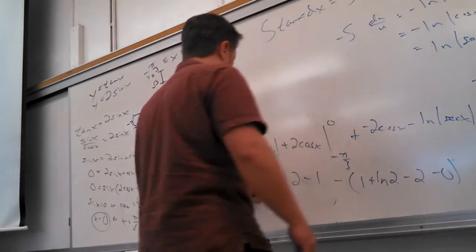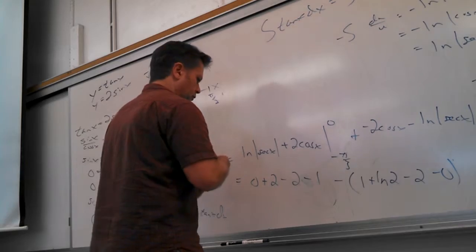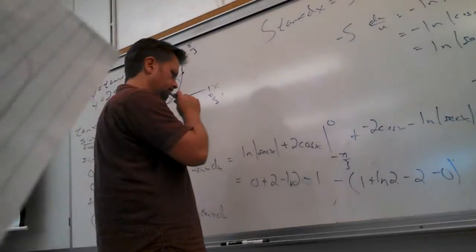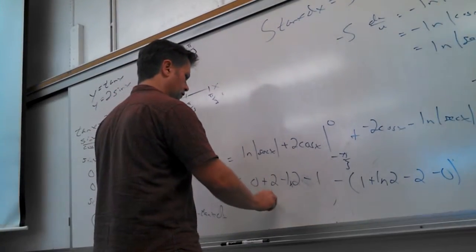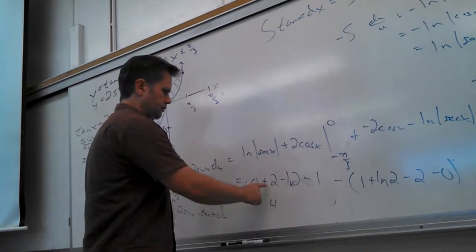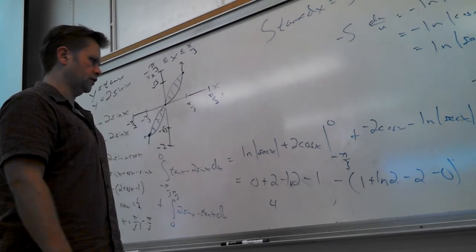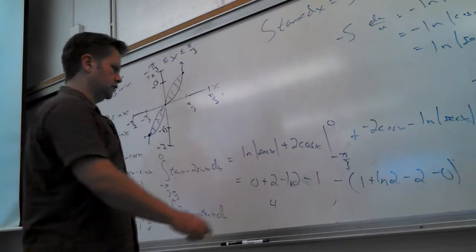Oh no, I see what I did. I put the L in the wrong place. L's there. So it'll be 4. That's all I did. 1 plus 1 is 2.